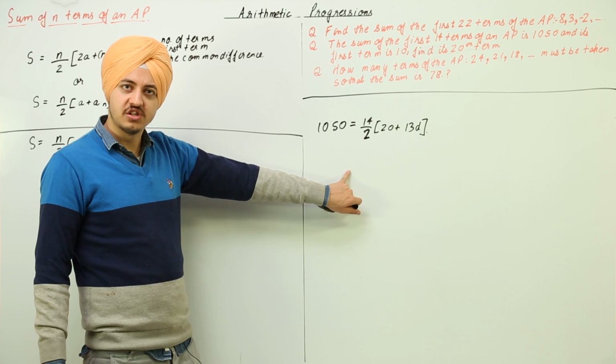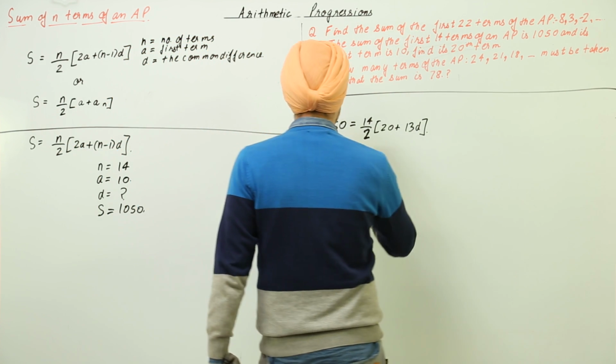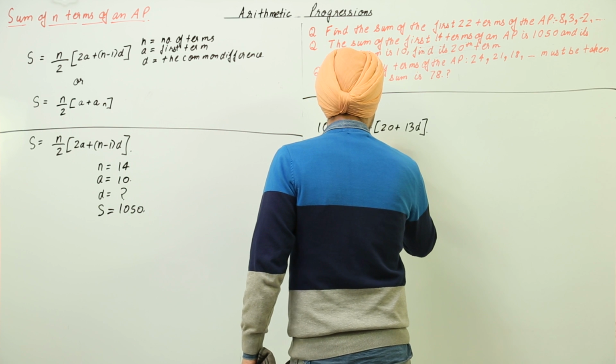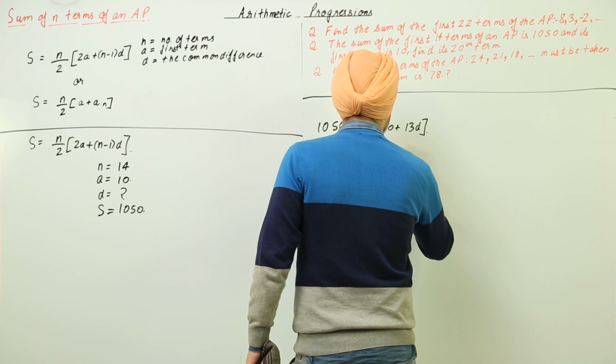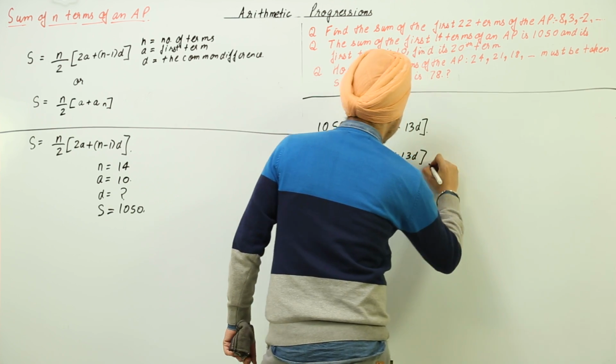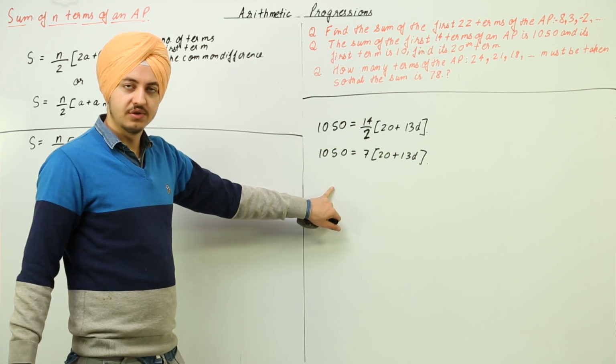This is where we've reached, right? Now from here what do we get is 1050 is equal to 7 into 20 plus 13d, correct, right?